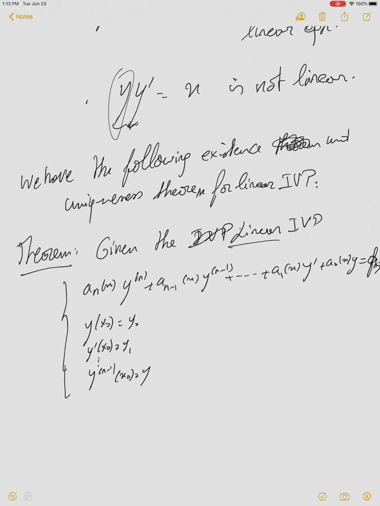So I should be given n conditions at the same point. This is a linear IVP.